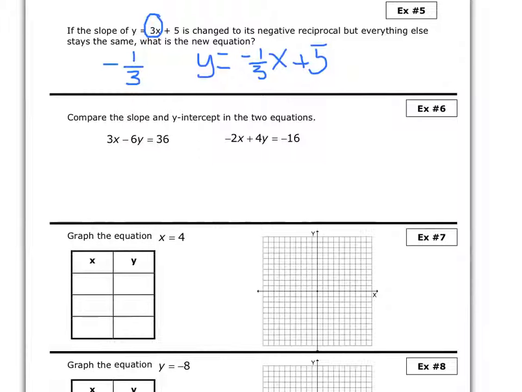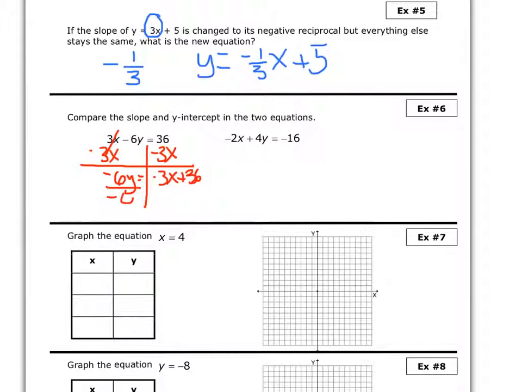Next problem, compare the slope and y-intercept in the two equations. Well, I don't know what the slope and y-intercept are. I need to solve for y, so go through that process and rewrite it in slope-intercept form. I'm going to take away 3x. That gives me -6y equals -3x plus 36.